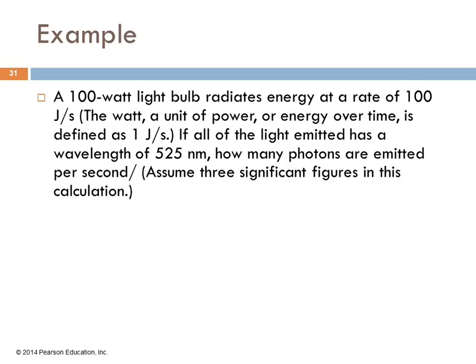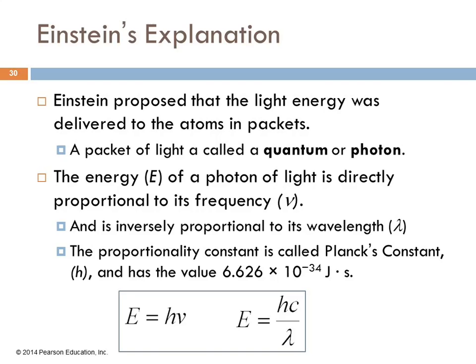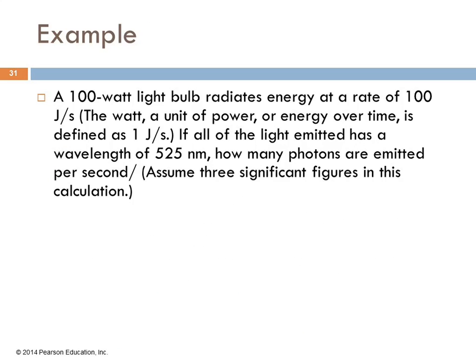Okay, we're going to need Planck's constant, and I can't remember it, so I'll go back here. 6.626 times 10 to the minus 34. H equals 6.626 times 10 to the minus 34 joule seconds. So what do we have here?